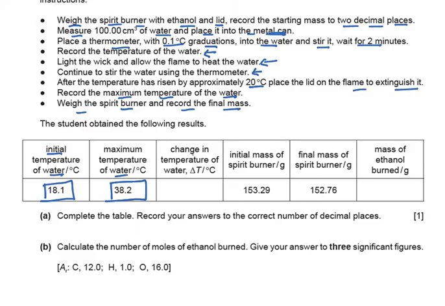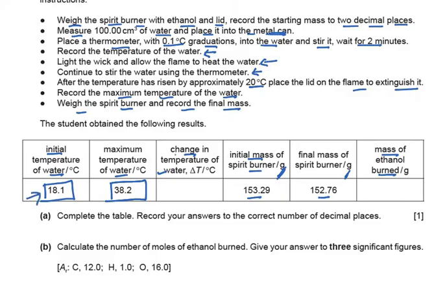We are supposed to find the change in the temperature of the water. The initial mass of the spirit burner was 153.29 gram. The final mass after heating is 152.76 gram, and we are supposed to find the mass of the ethanol burnt to heat up the water.